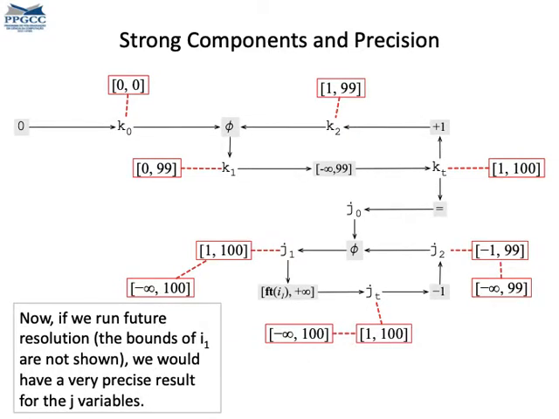And with these better, more precise ranges, we would get much tighter limits for the variables in the j component. So given the way that we have implemented our analysis, we need to apply the widening and the narrowing operators per strong component instead of once for the entire graph. Otherwise, the analysis still terminates, but it's not very precise.